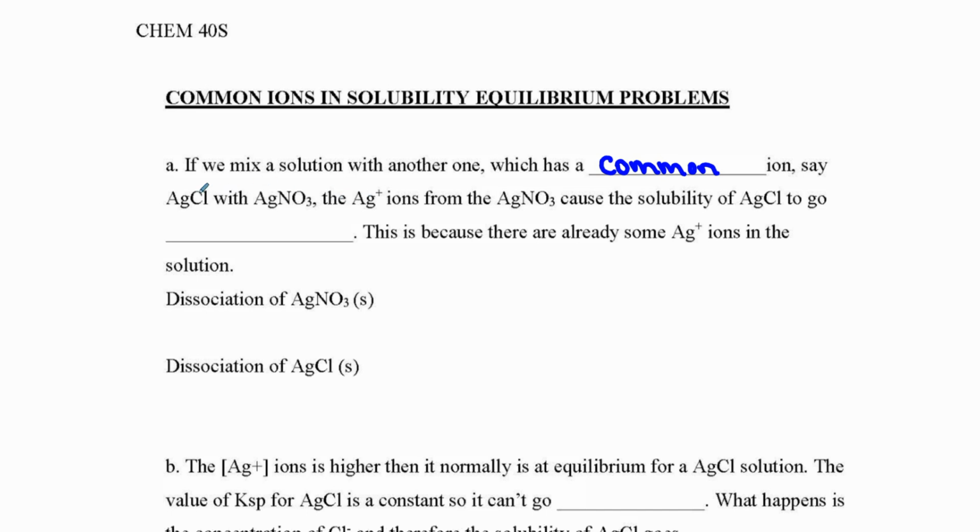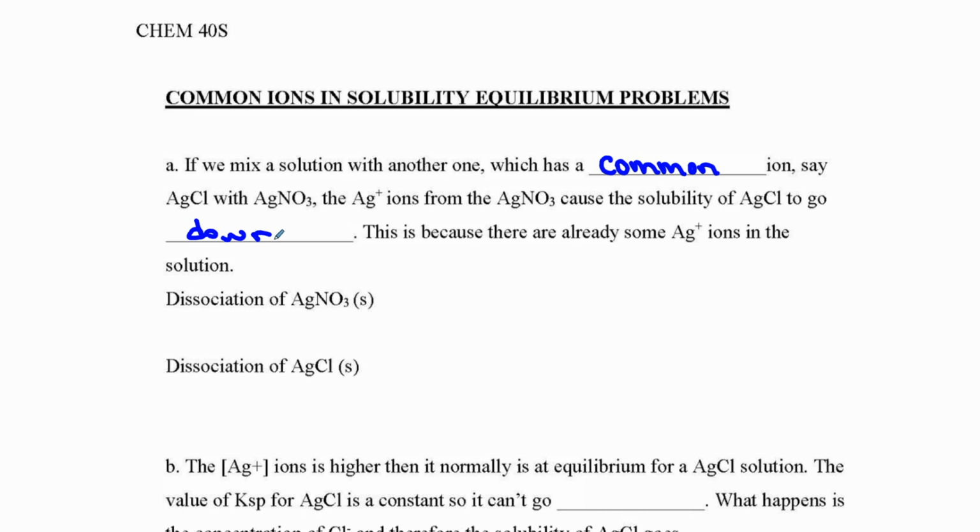So when they dissociate, they're each going to produce Ag plus ions. What happens when you mix these two solutions with a common ion is that the silver ions from the silver nitrate actually cause the solubility of the silver chloride to go down.